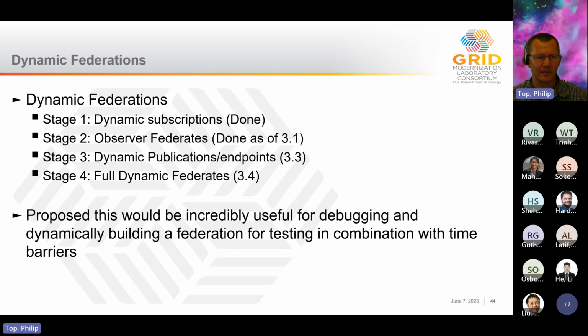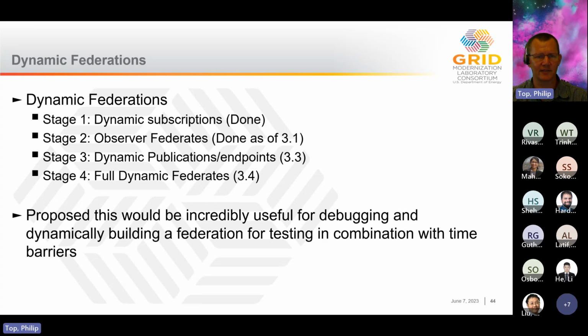A recent advancement in Helix is the ability to do dynamic federations. This includes dynamic subscriptions, which has been in a while. Observers, which are basically federates that can join at any particular time and capture particular values of a federate or the federation.